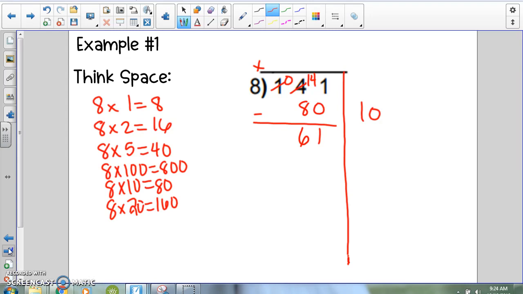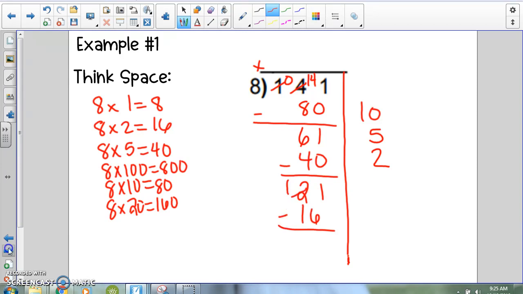Well, we can also use 5 times 8, which is 40. When we subtract, we get 21. The next highest multiple that we can use is 8 times 2, which is 16.